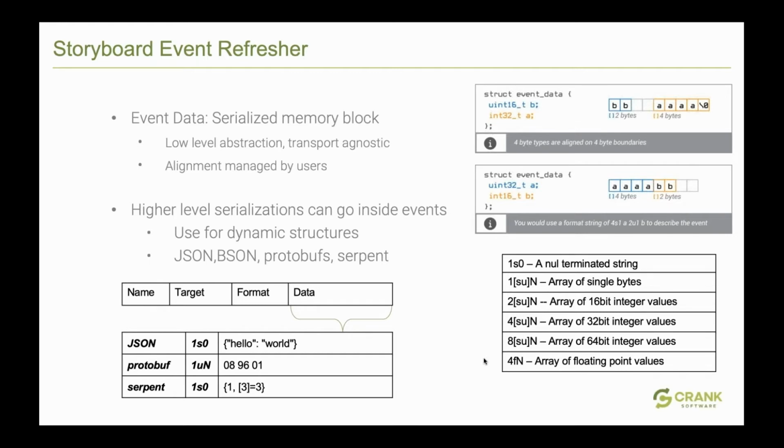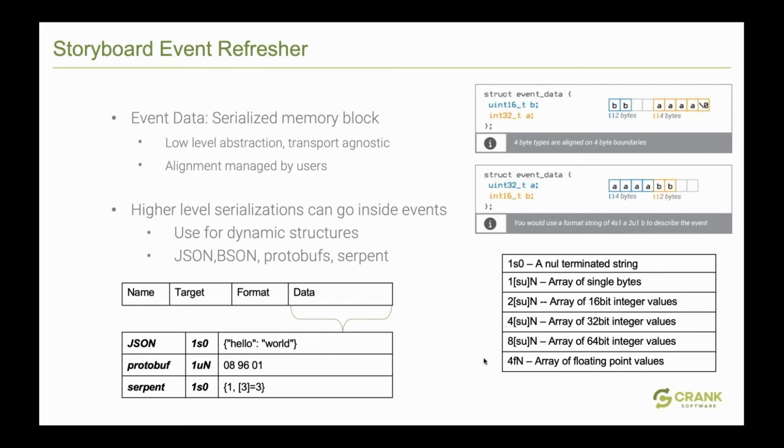It can still be used as a transport. You can still use Storyboard IO for inter-process abstraction, but what you'd be looking at doing is taking that event data payload and packing it in, and using that as really just a byte stream to move data from one side of a barrier to another.